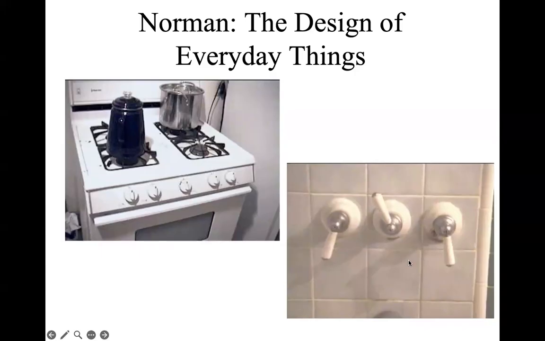This is a photo from, I think, a hotel in Japan, and this is from the shower in the hotel. It's a very nice design, and you can see that they afford gripping by the hands. I mean, you know that you can turn and pull these three things that stick out here, but you have no idea whether this is hot or cold, or whether it's more water or less water, what happens when you turn these things.